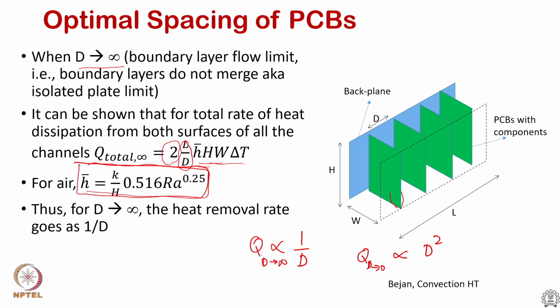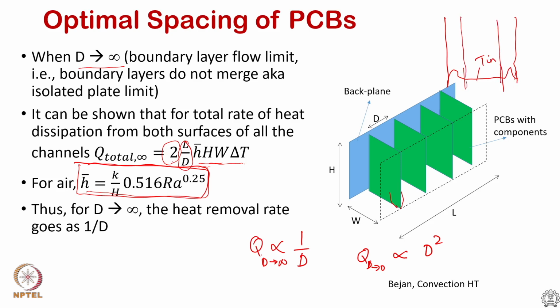Now, on the other extreme, which is the isolated plate limit, the boundary layer is not interacting with the other side boundary layer. So, the core of the flow is not at all interactive. It is at the same temperature as the inlet, and this is true all the way to the end, is what is assumed.